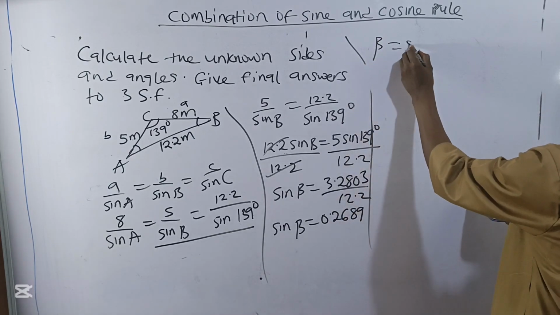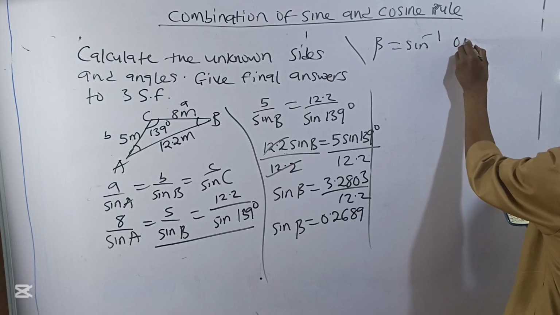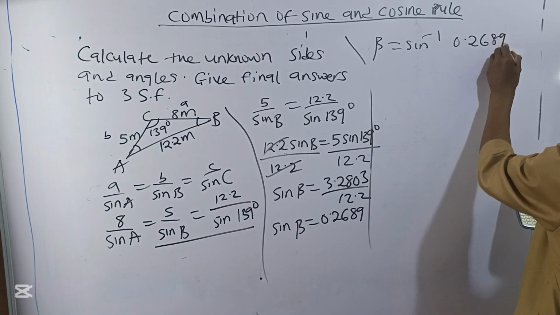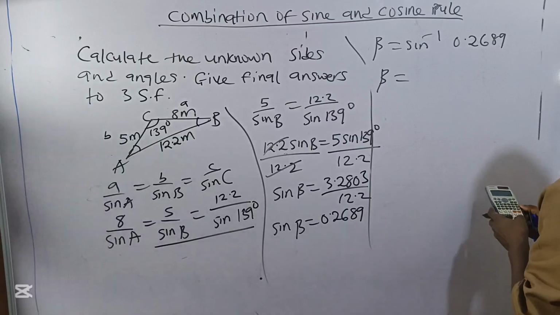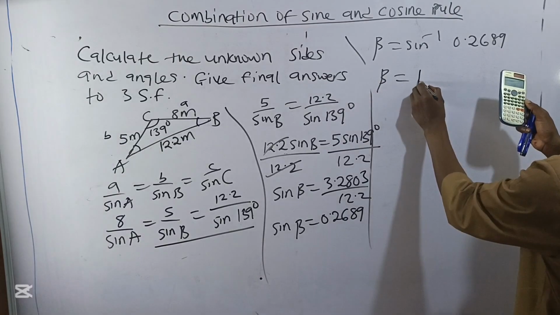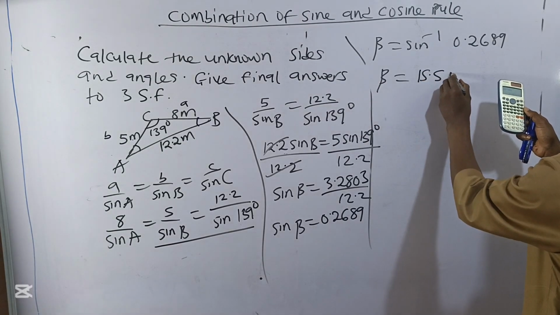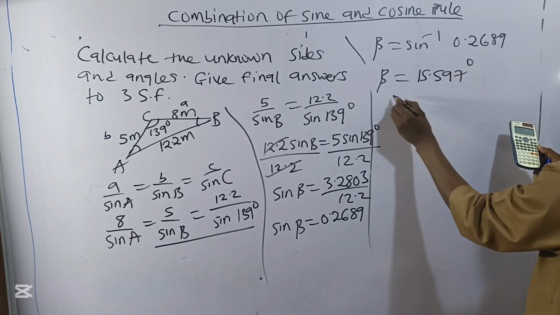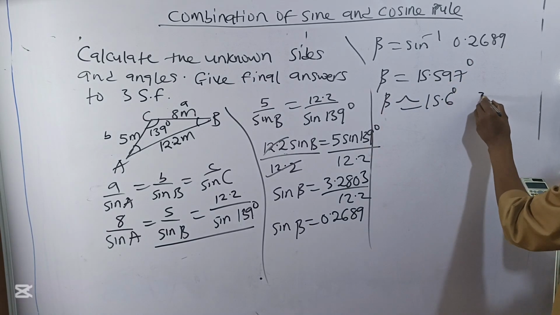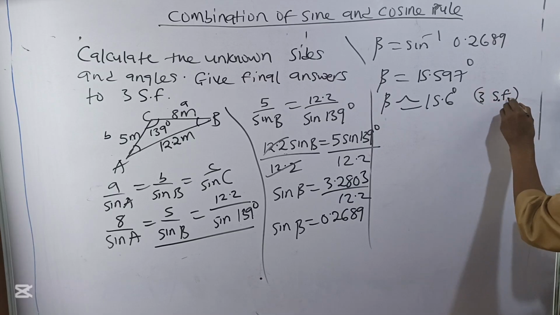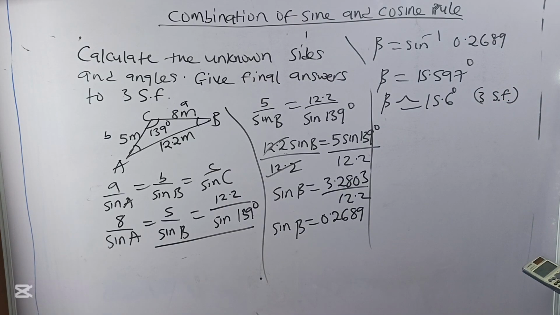And B will be equal to sine inverse of 0.2689, which will give me 15.597 degrees. So B will be approximately equal to 15.6 degrees to three significant figures.